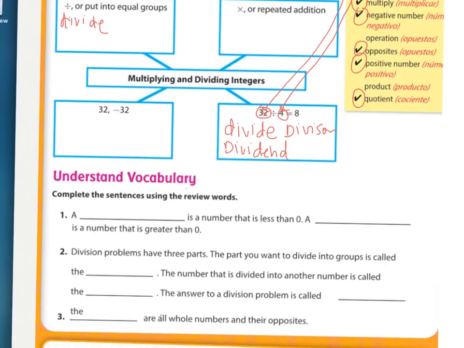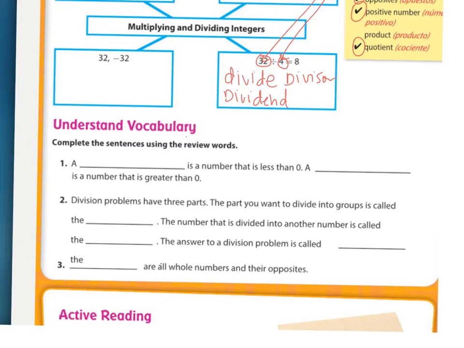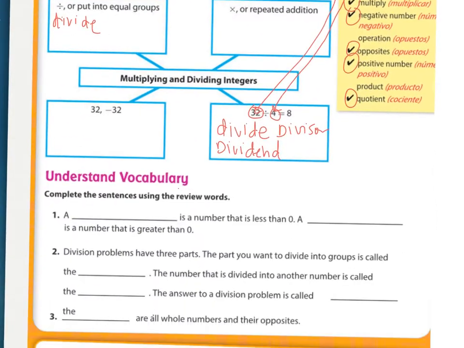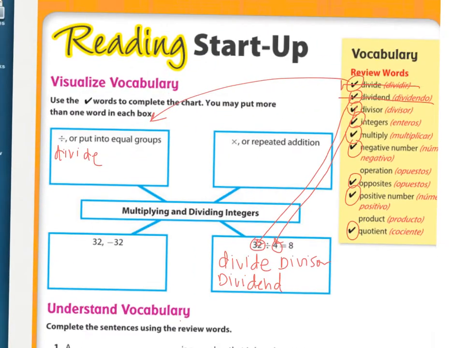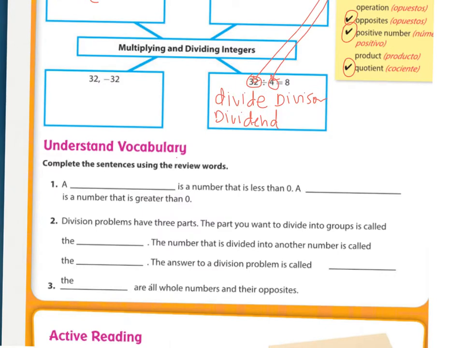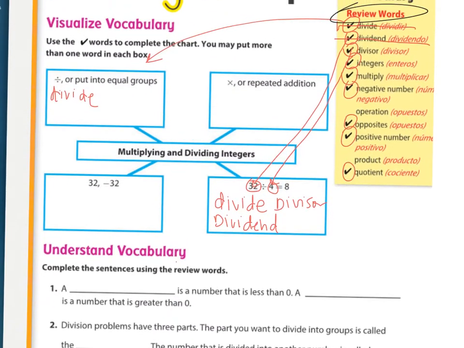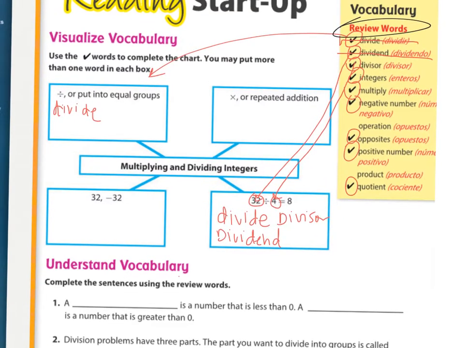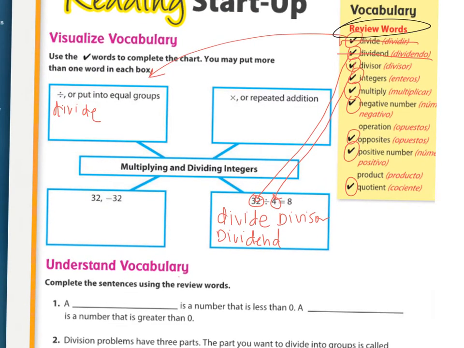And let's go down here to, these are all review words. None of them are new. Review words. Okay, so a blank is a number that is less than 0. Which one of these? Here we go.